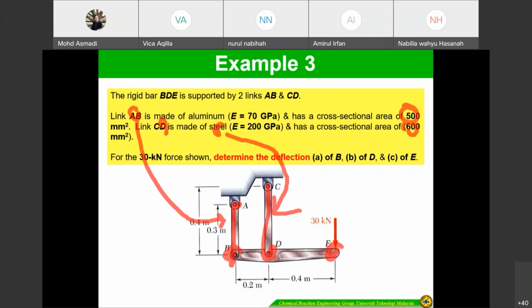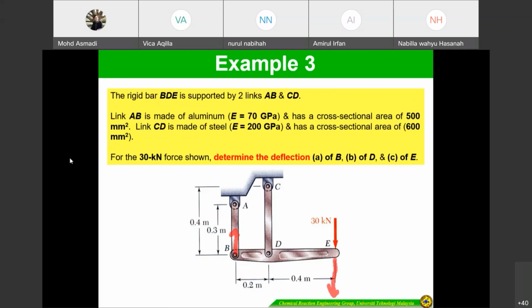Okay, the deflection. So we apply a force here, 30 kilonewtons. Because it's different materials and different cross-sectional areas, when you apply force, this one is going to go up and this one is going to go down, right?